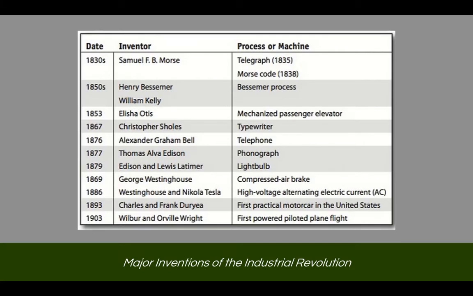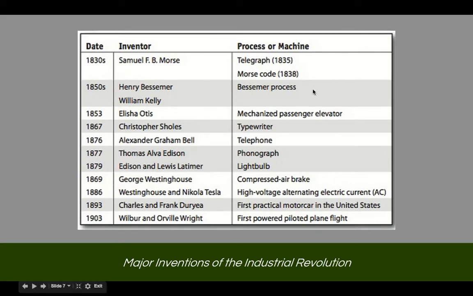There are tons of major inventions in the Industrial Revolution, especially as we get to the Second Industrial Revolution, and these are a few of them. Some of the most important ones involved communication, so the telegraph and Morse code in the 1830s, the telephone in the 1870s. So communication becomes much easier throughout the world.